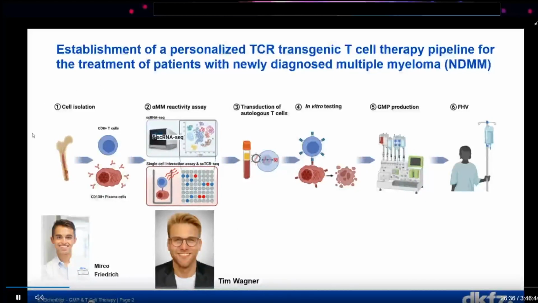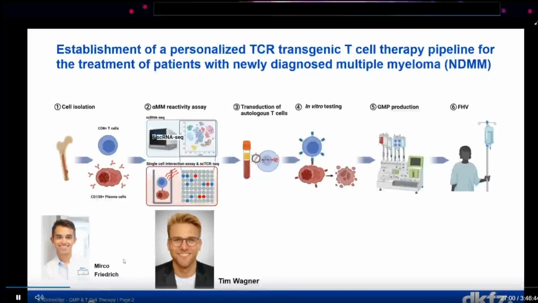The starting material we used was bone marrow of myeloma patients. The idea behind this project was that within the bone marrow, we have both tumor cells, which are part of the plasma cells, and T cells, which may be reactive T cells, similar to what we see in solid tumors as so-called TILs.